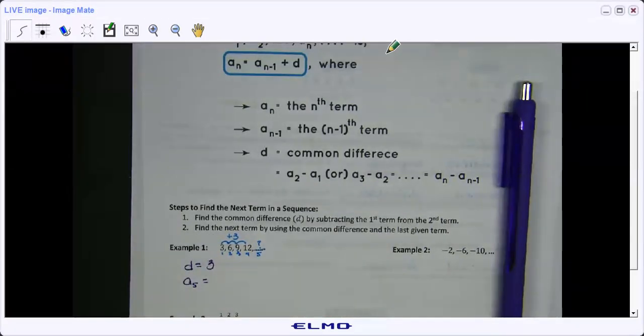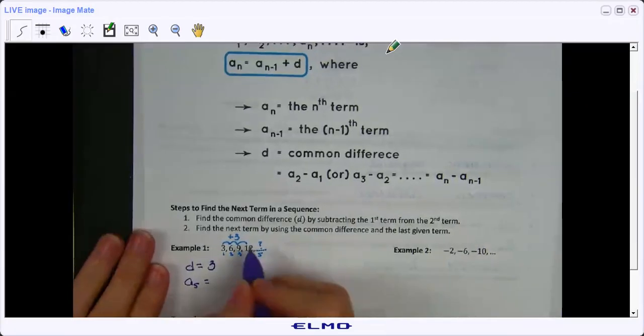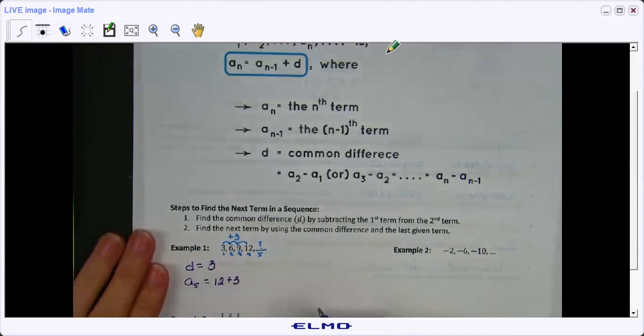That's where the 5 came from. And so what we have to do is take the last term, 12, and add 3 to it. So the 5th term equals 15.